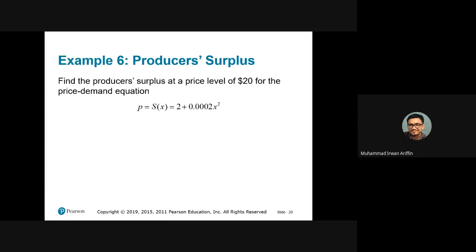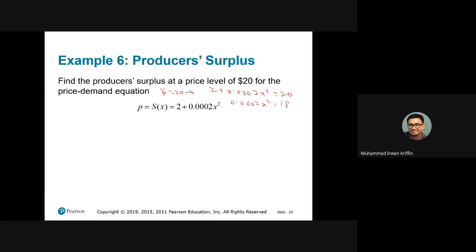Let's say we have this example. Our supply equation is 2 plus 0.0002 x squared, and the current price level is $20. First step, we need to find the quantity x bar, so P bar equals 20. We get 2 plus 0.0002 x squared equals 20, so 0.0002 x squared equals 18.